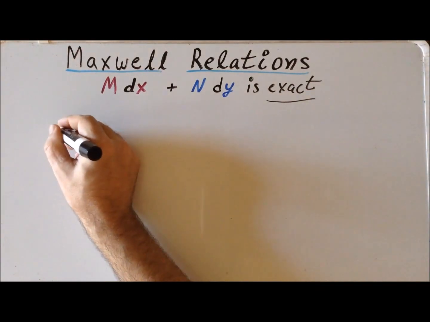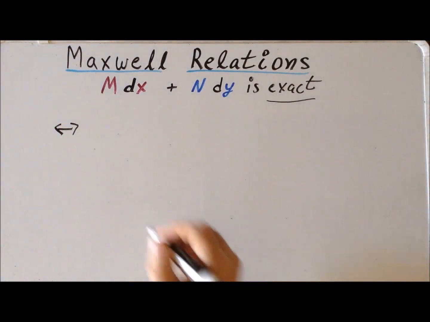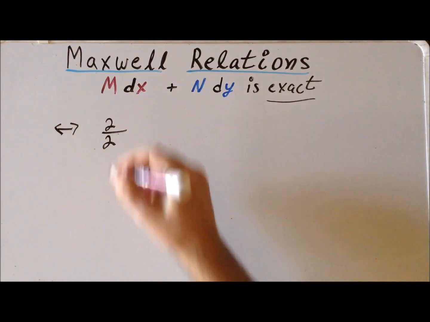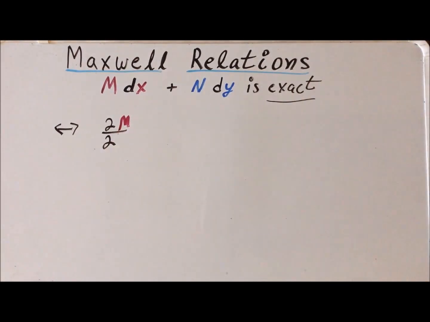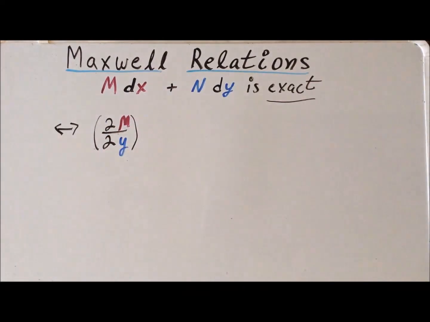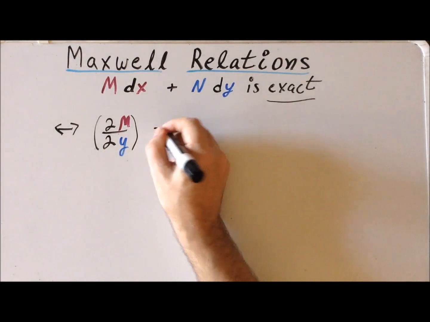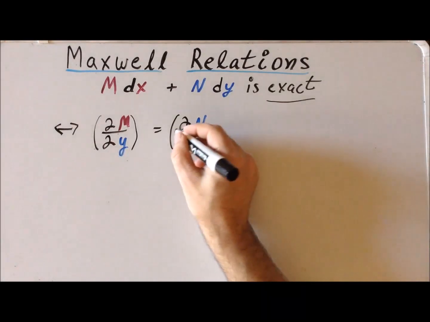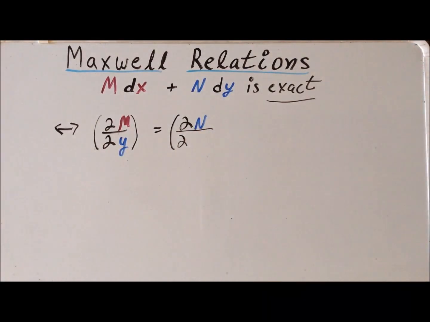And this is if and only if we take the partial derivative of M with respect to y, and we take this partial derivative, it's going to be equal to the partial derivative of N with respect to x.